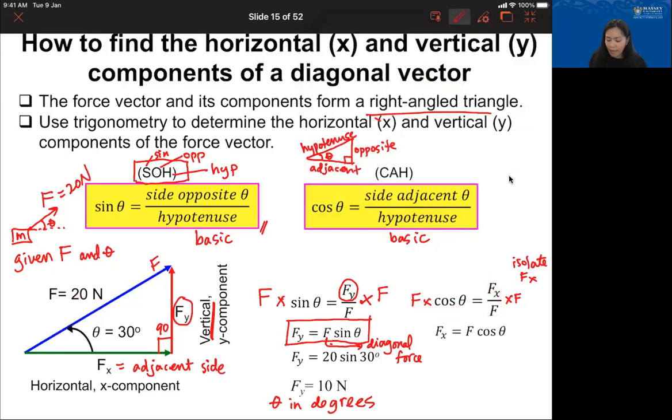So the x component for your diagonal vector will be the diagonal vector F multiplied by the cosine of the angle. For our example, say you're pulling at a diagonal force of 20 newtons, so you have 20 newtons multiplied with the cosine of the angle between your diagonal force and the horizontal. So you have 20 multiplied with cosine 30, and that will give you an x component of 17 newtons.